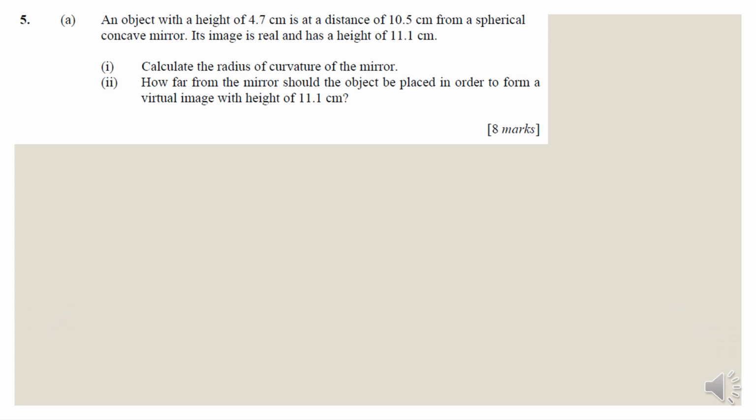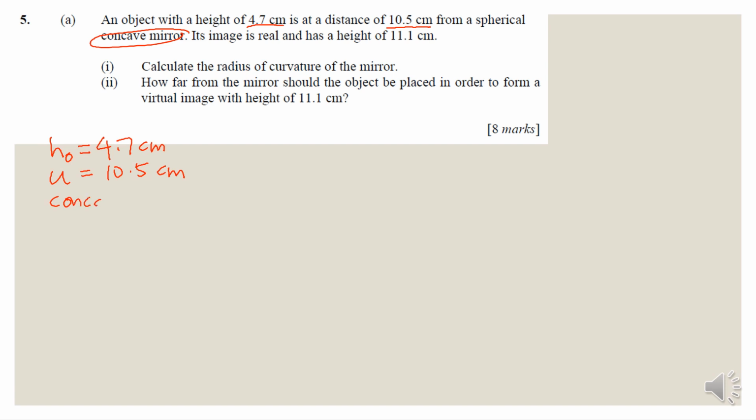Okay, number 5A. An object with a height of 4.7 cm. So kita ada height object is equal to 4.7 cm is at a distance of 10.5 cm. Okay, so U dia is 10.5 cm from a spherical concave mirror.